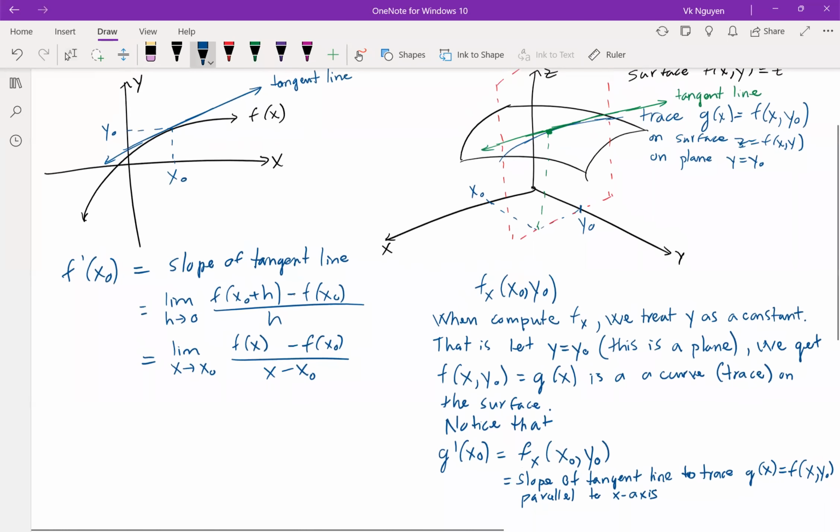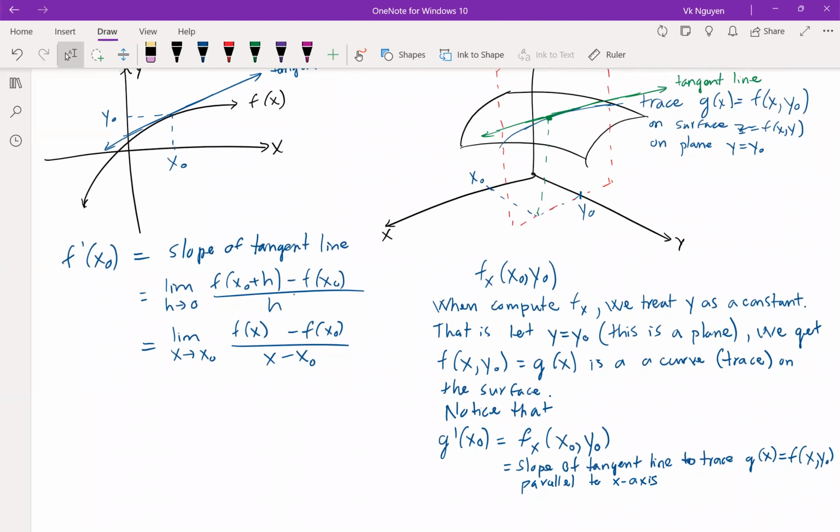That is exactly the geometry of a partial derivative, right? Just the slope of the tangent line. Depending on whether you do a partial derivative with respect to x, then that tangent line is going to be parallel to the x-axis.